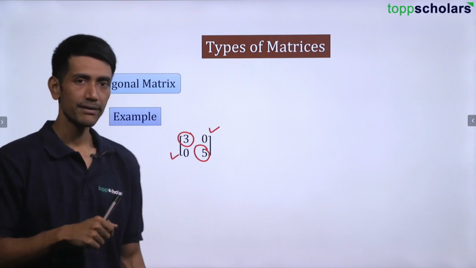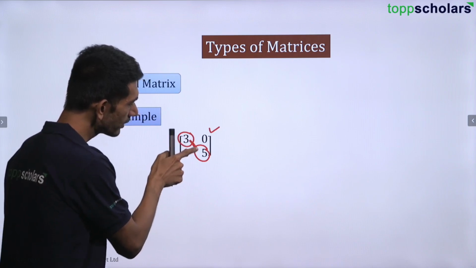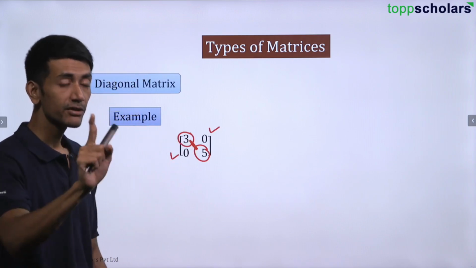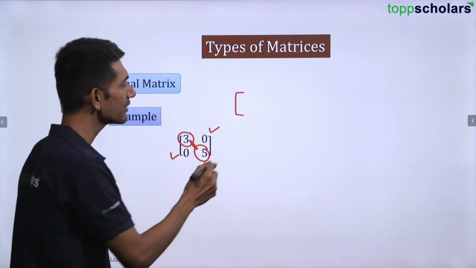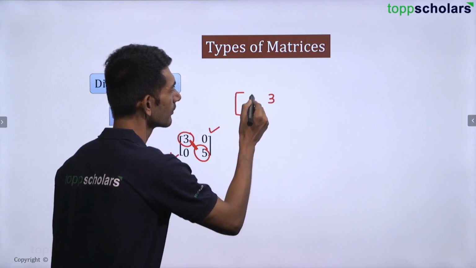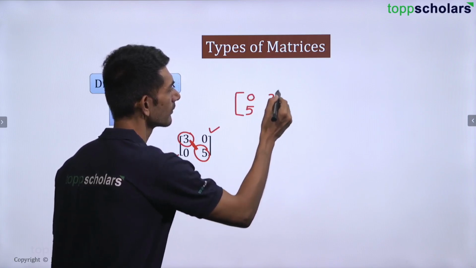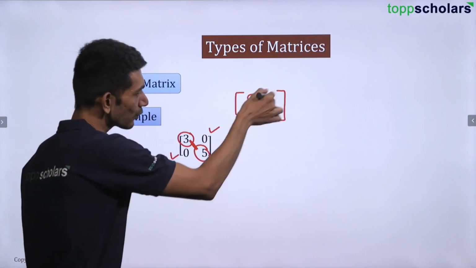Such a type of matrix is called a diagonal matrix because diagonally you have some elements. But please make a note of this. If I have something like this, now if you observe, there is one more diagonal, right?